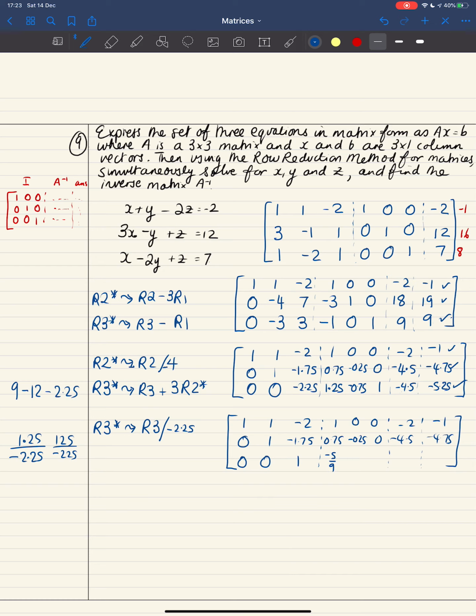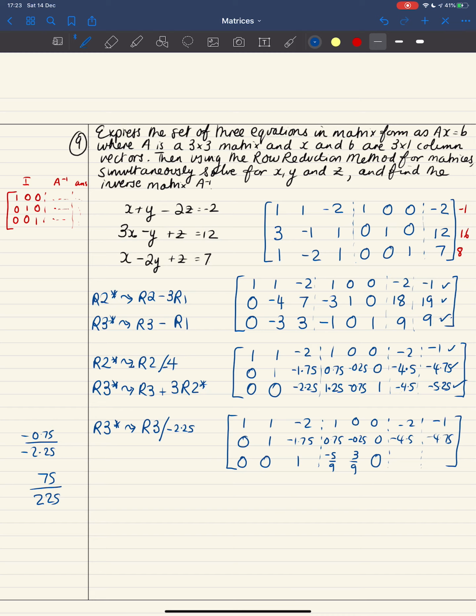I'm moving to fractions because they're easier for me to do. What's this one? Row 3: minus 0.75 divided by minus 2.25. So it's 75 over 225. Now I know this will go into there, but it's 1/3. But I'm going to write that as 3/9.